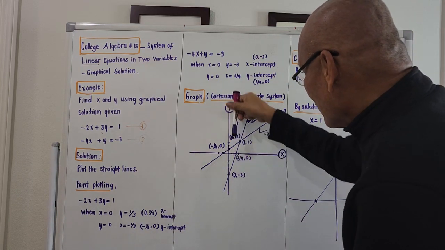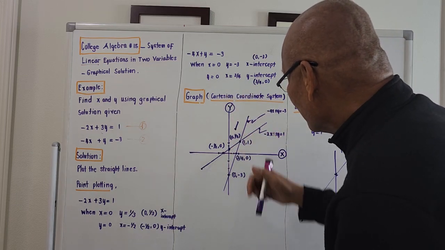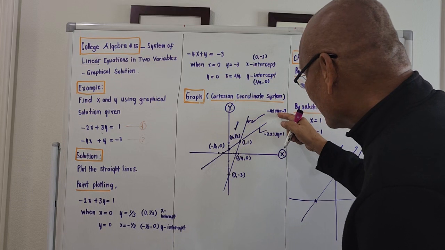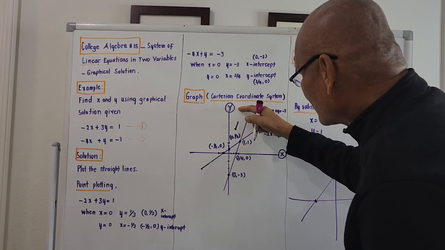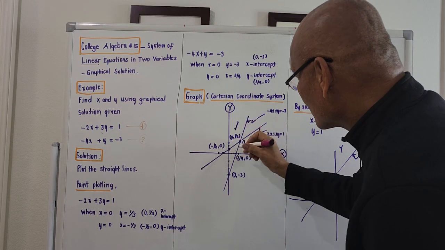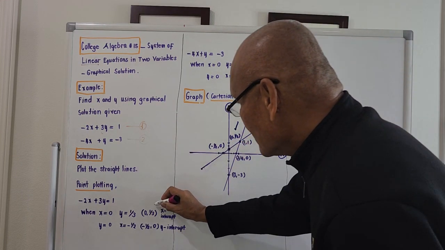At this location, x is 0 and the ordinate is 1/3. So the first straight line crosses the y-axis at (0, 1/3). This is the first intercept.